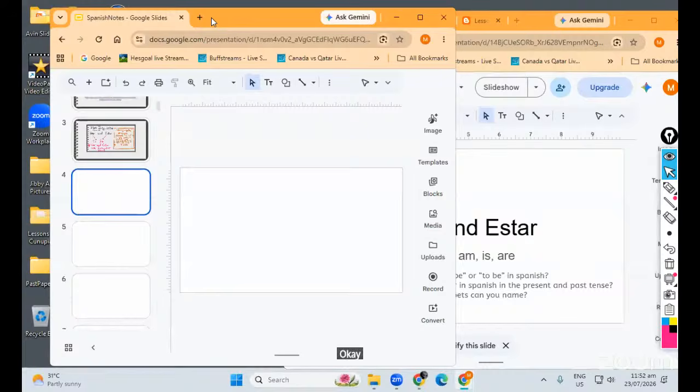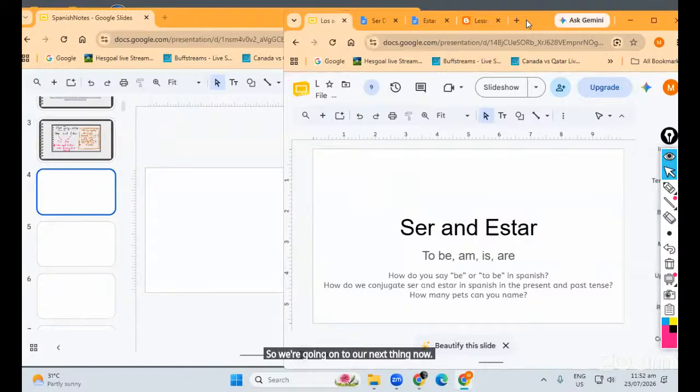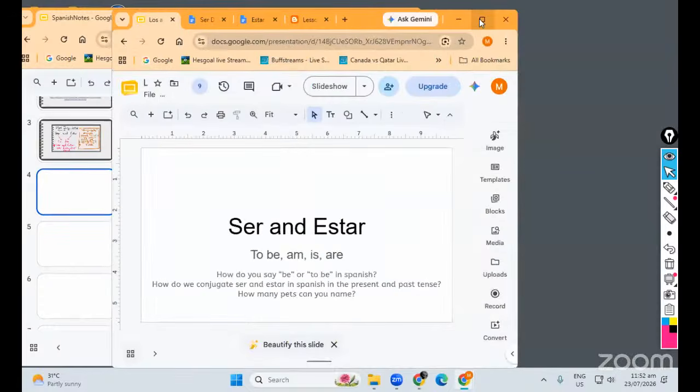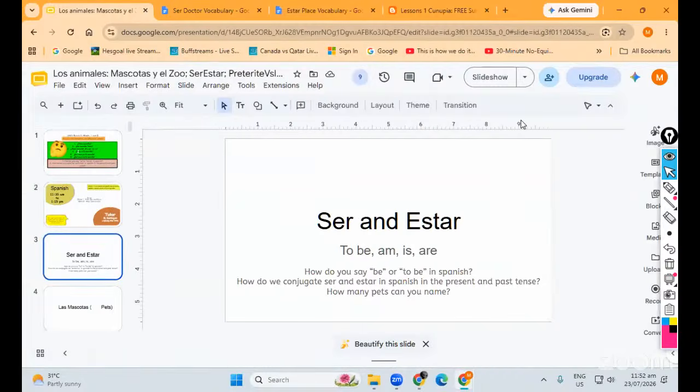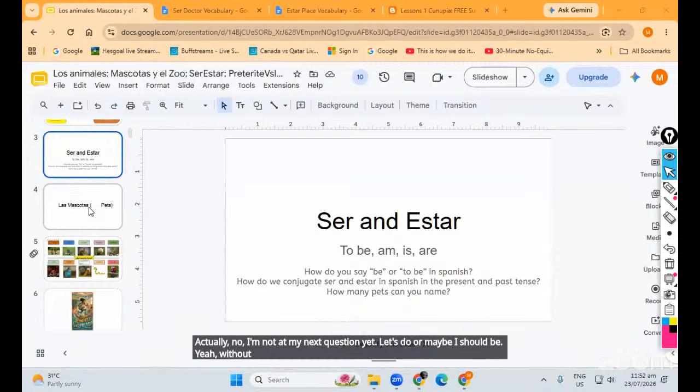Okay. So we're going on to our next thing now. All right, so here's my next question to you. Without looking it up. How do you conjugate Ser and how do you conjugate Estar? Only message if you know.